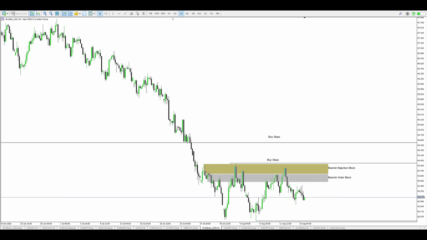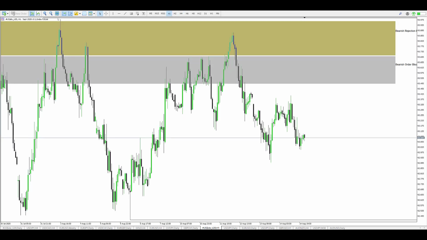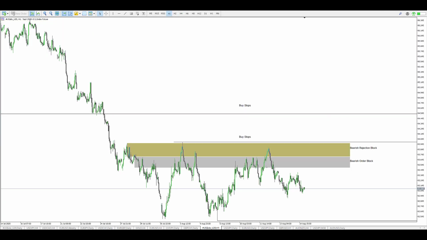But we need to align it with our higher time frame bias, which at this moment is to the downside. That means short trades are ideal on dollar index. That makes long trades ideal on EUR/USD, and short trades ideal on USD/JPY.